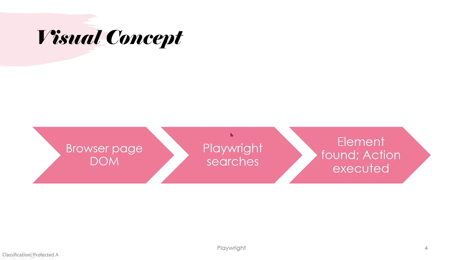If Playwright goes to the page and does not find the element, that means the locator is wrong or the web element takes a longer time to load. So this time the web element is not found, so it cannot do any action. So Playwright returns a web element not found issue.